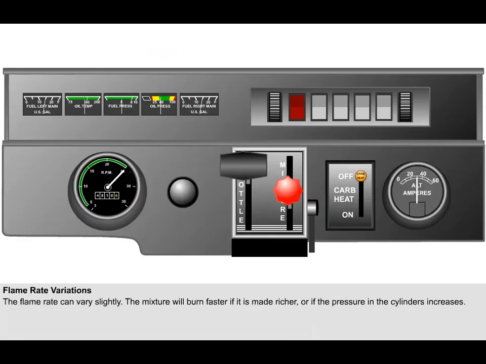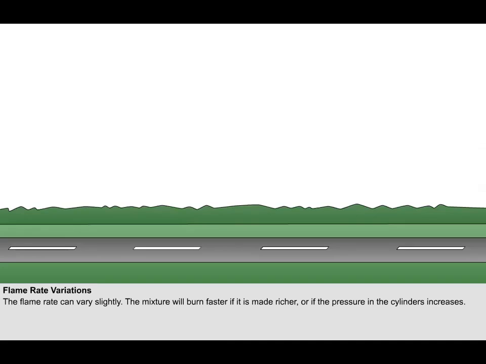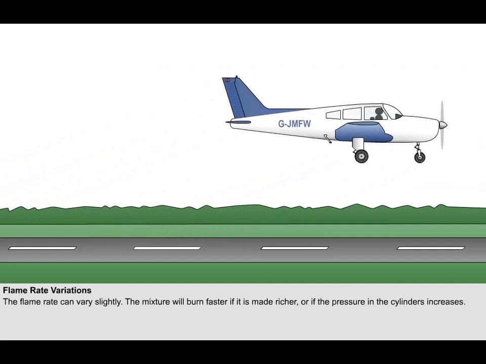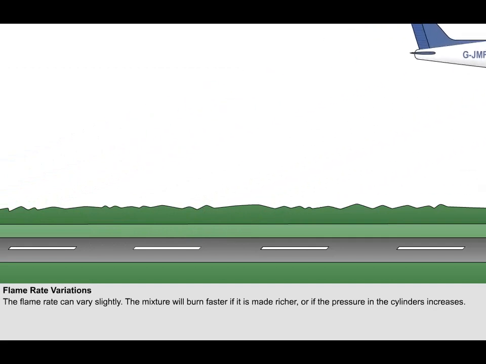The flame rate can vary slightly. The mixture will burn faster if it's made richer, that is to say, the proportion of fuel in the mixture is increased. This is because the proportion of nitrogen will be reduced. The mixture will also burn faster if the pressure in the cylinders increases. An instance of both these events occurs on takeoff, when it's necessary to richen the mixture strength in order to ensure stable combustion because the engine is producing high power.